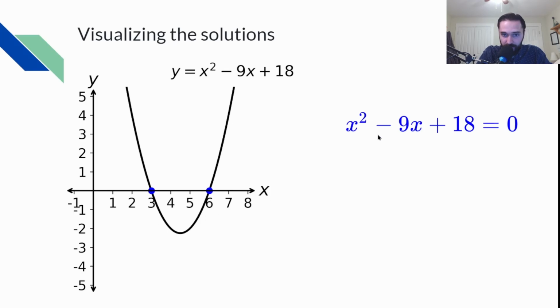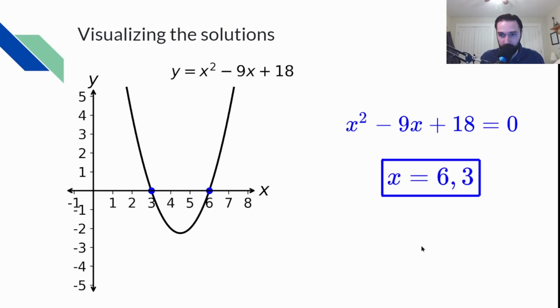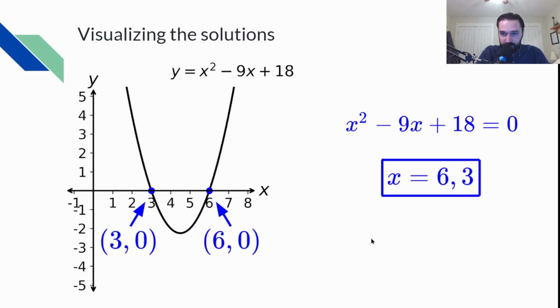We found that x equals 3 and x equals 6. Those are our two solutions, which means that those are the x-coordinates of the intercepts. We have (3, 0) and (6, 0). So that's what we're really doing when we solve an equation that looks like this.